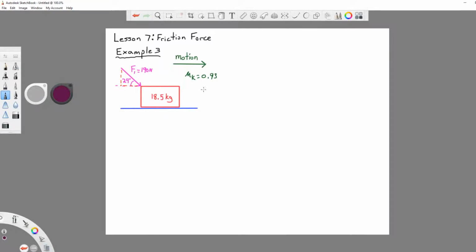So we have a block, and the question tells us it's moving to the right already. So this block is sliding along the floor. There is a force pushing on it with 190 newtons, and there is a coefficient of kinetic friction of 0.93, which is quite a high value.